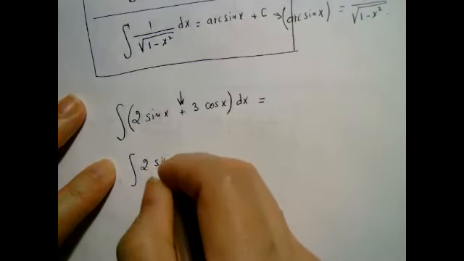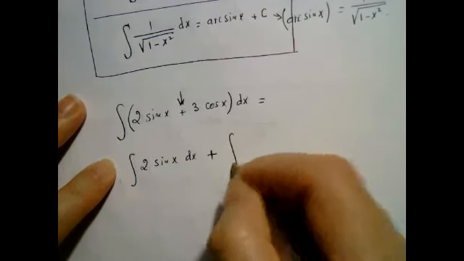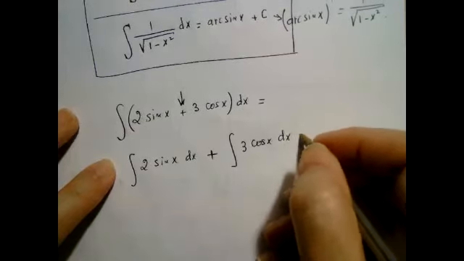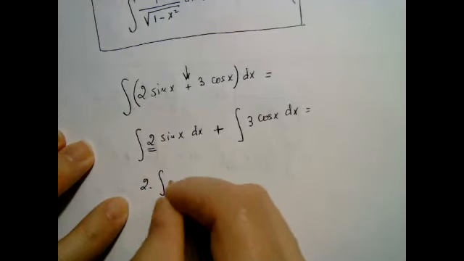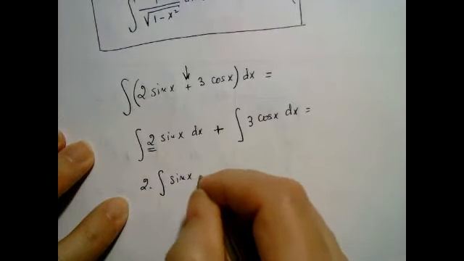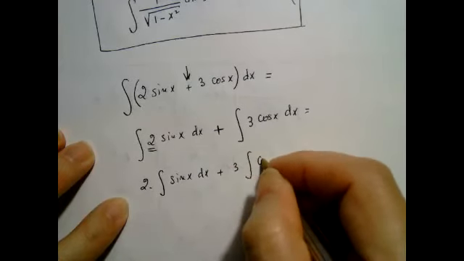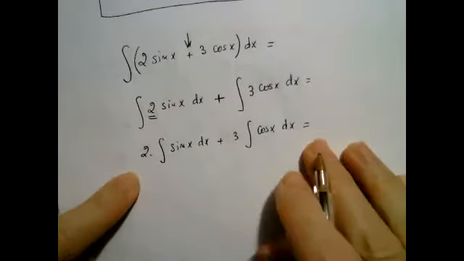Being a sum, I can split it, and the constants can be taken out. Done that. Now I'm done.